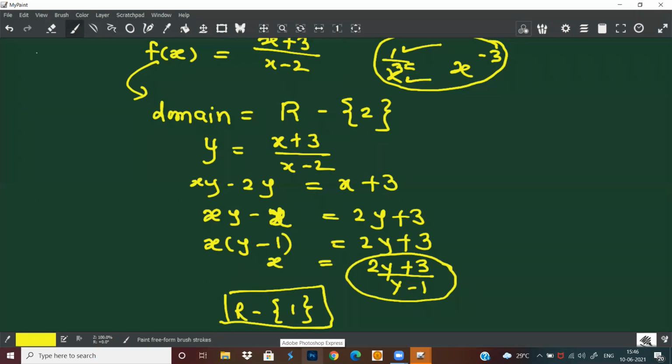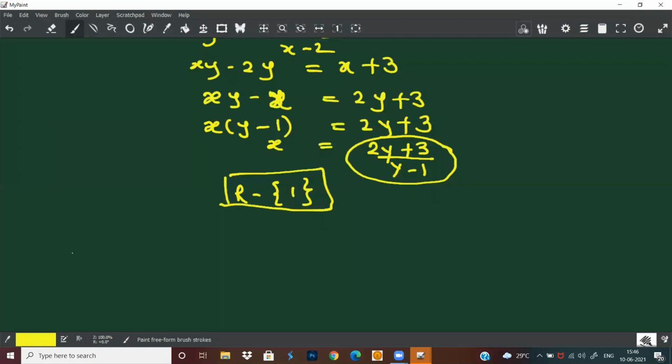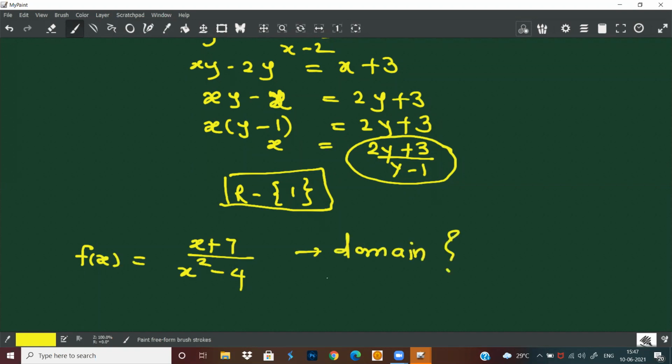If someone gives me a function like this, because you know how to solve the sum now, I'm not worried about that. And if someone asks its domain, what will it be? It will be every real number except 2 and minus 2, because x square minus 4 is 0.